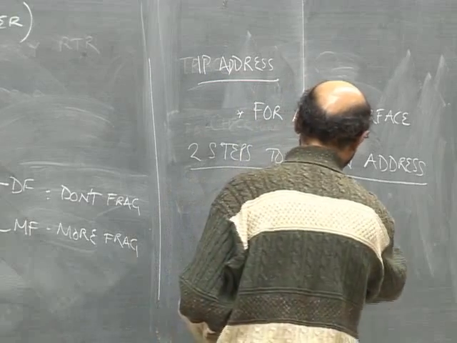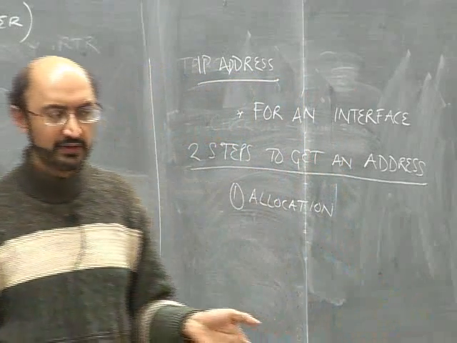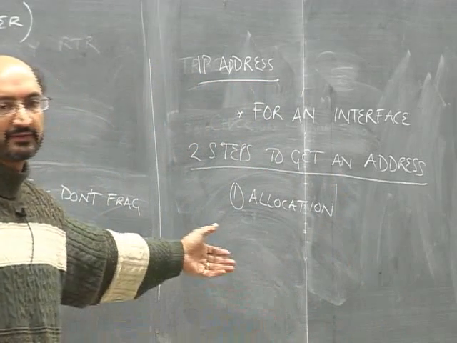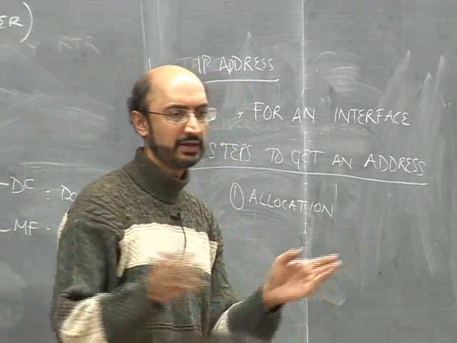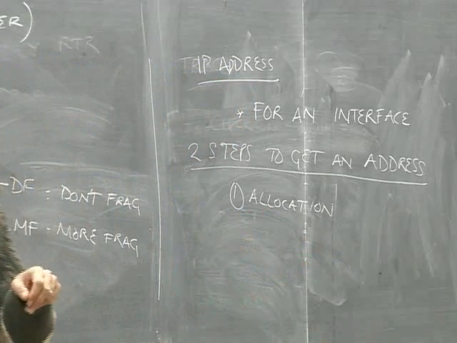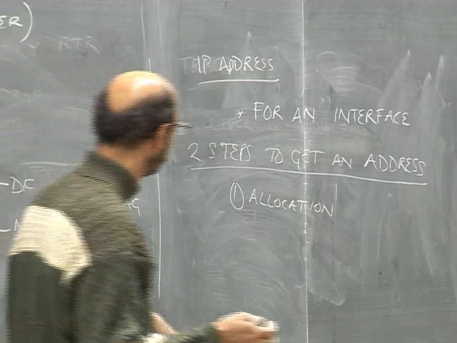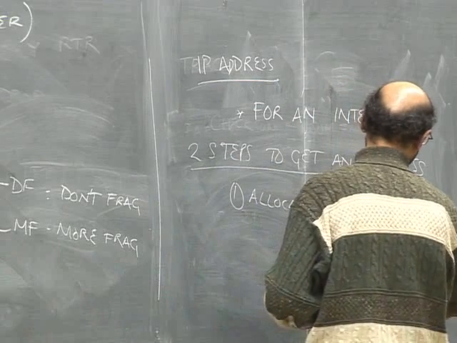Allocation means that some global authority has to allocate you the IP address, because everybody shares the same 32-bit space. Somebody who has global reach has got to say, okay, you can get it. But typically, when they say you, it doesn't mean you as an individual. The allocation is almost always to organizations, because it's too hard otherwise.